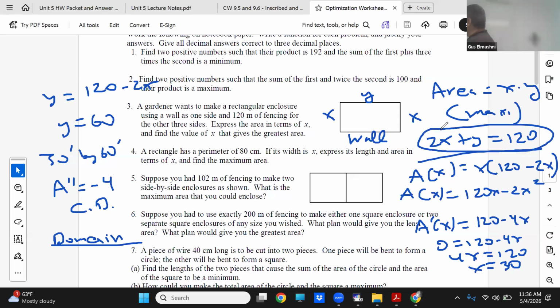If you think about this formula here, 2x plus y equals 120, what if x were 60? You could do that. Why not? You'd have no y. But if x were 60, what's your area? It'd be super dumb. And of course, x could be 0 itself, and y could be 120. So the domain is closed.